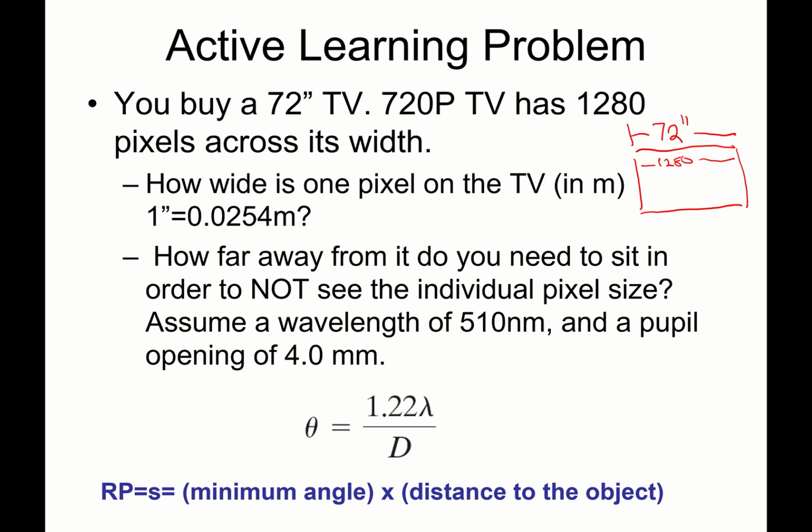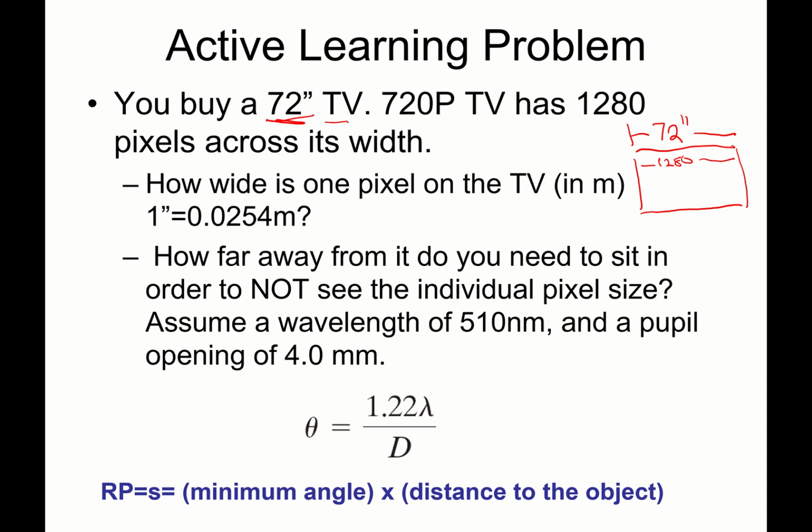The first thing you have to do is figure out how wide 1 pixel on the TV is in meters. So you're going to have to convert that 72 inches into meters, and then figure out how wide each of those 1280 pixels is.